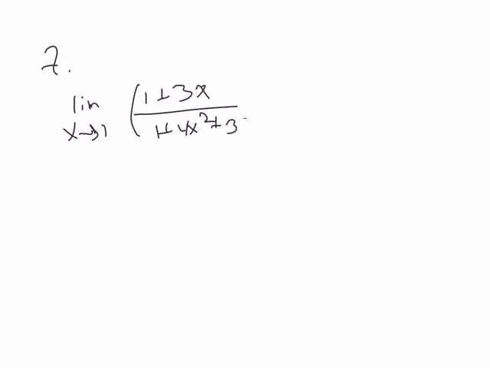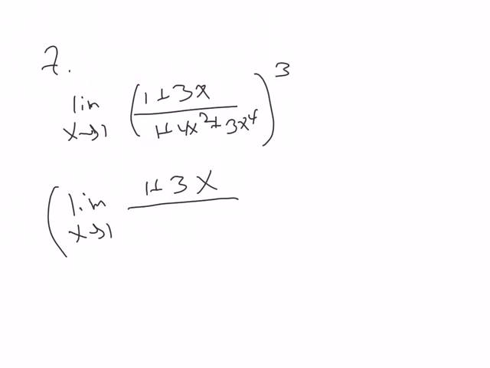Just to do a concrete example, example 7: we have the limit as x goes to 1 of 1 plus 3x over 1 plus 4x squared plus 3x to the 4th, all to the 3rd power, and by rule 6 on page 79, we can put the limit inside, so this is the same as the limit as x goes to 1 of 1 plus 3x over 1 plus 4x squared plus 3x to the 4th, all to the 3rd power.